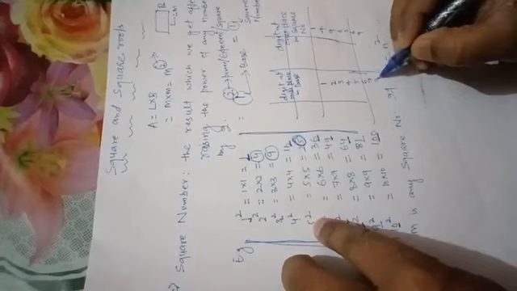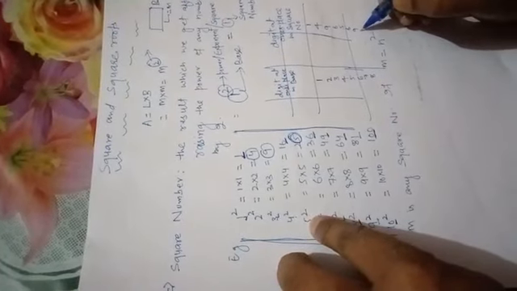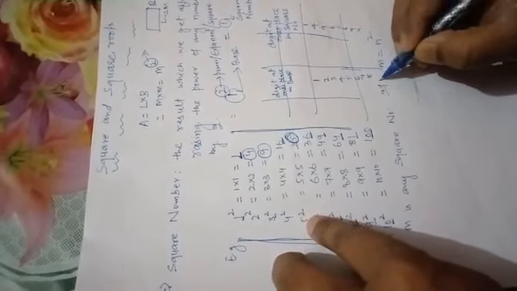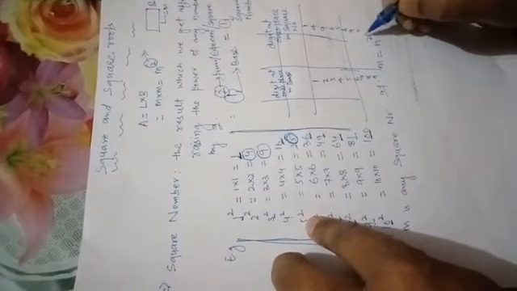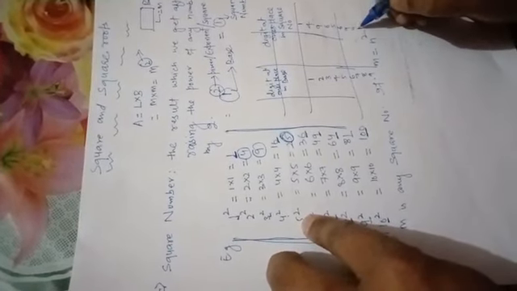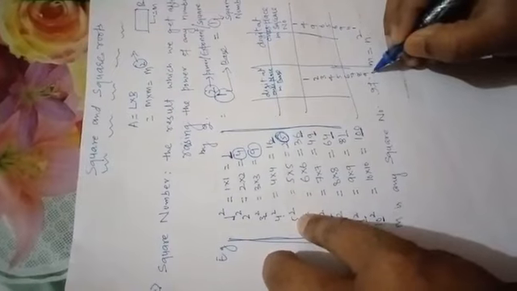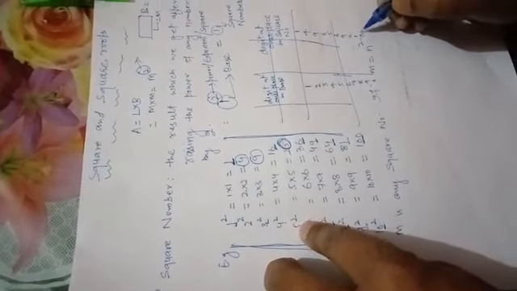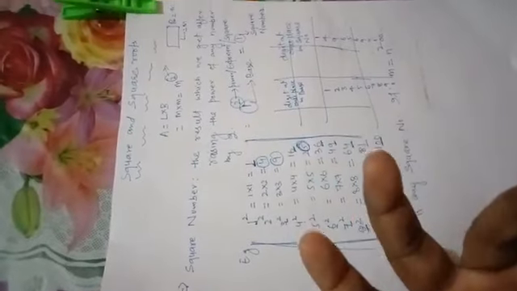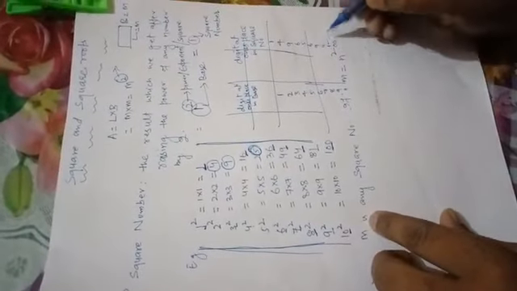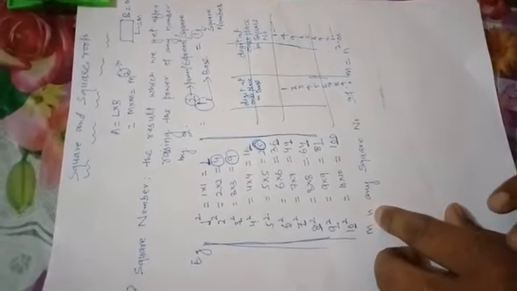When there is 8, we get 4. When there is 9, we get 1. And when there is 10, we get 20. So from here we can compare where similar numbers come.